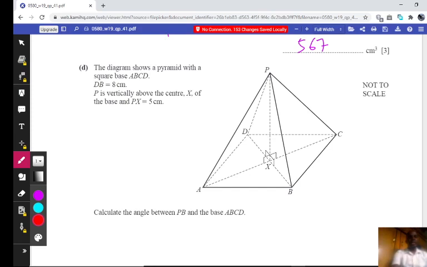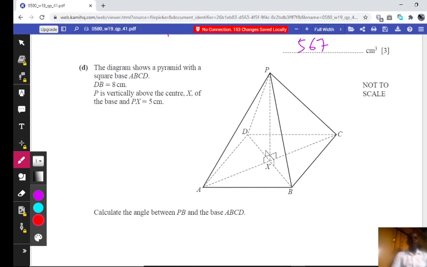Then P is vertically above the center X of the base, and PX is 5 centimeters. DB is 8 centimeters, which means XB, you just divide 8 by 2, it's 4. DX is also 4 centimeters.